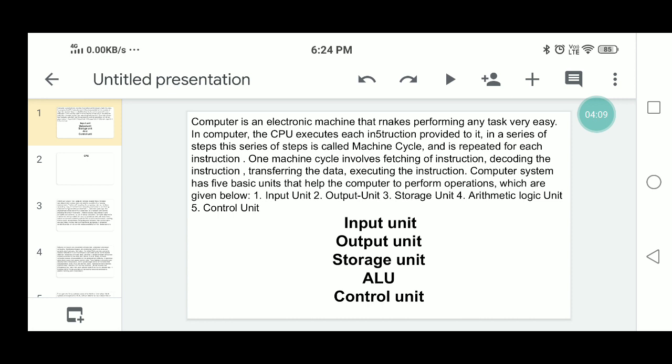This is the important feature of the memory unit. The data and instructions are transferred to other computer units or devices from this main storage unit, under the supervision of the control unit. It is also referred to as the primary storage of the computer system. First, it stores the data and instructions inside this memory unit.